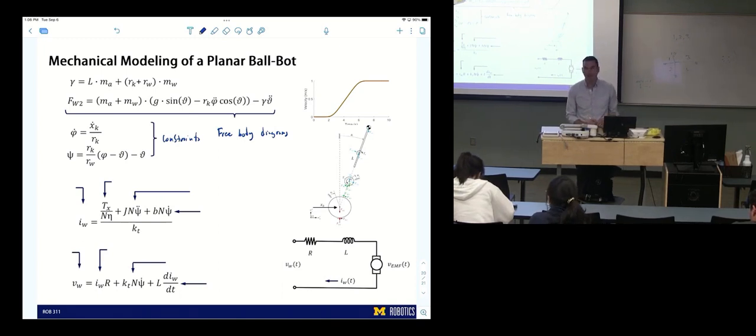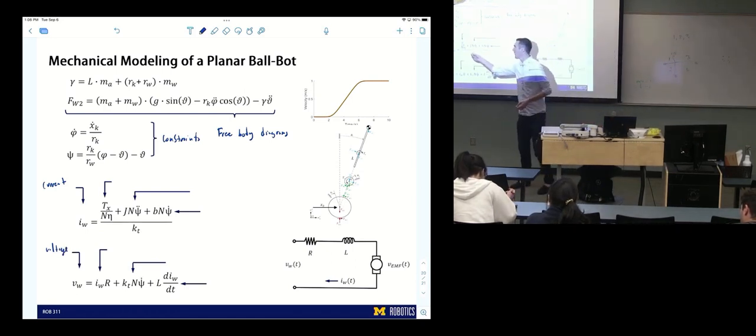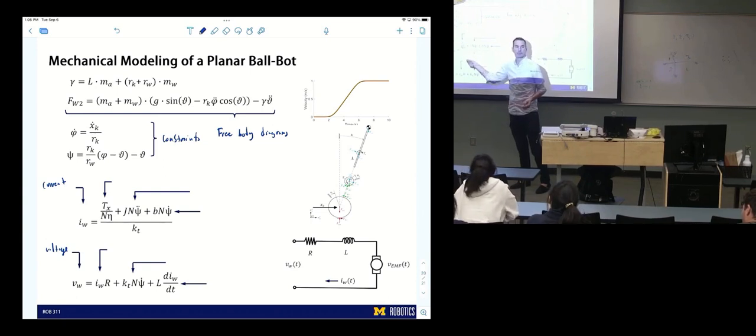And now we have the expressions for current and voltage. This is current, this is voltage. Now we're going to go through these terms. What is that term?